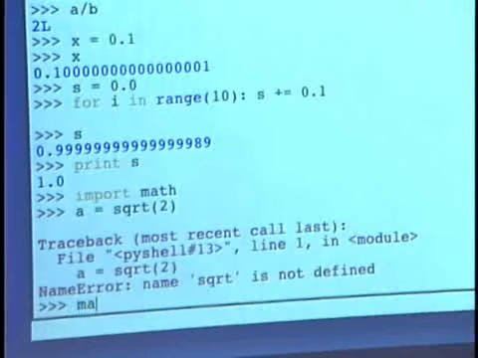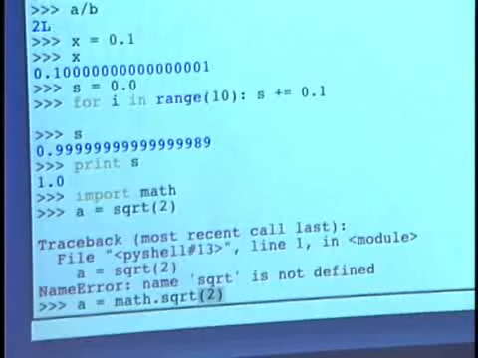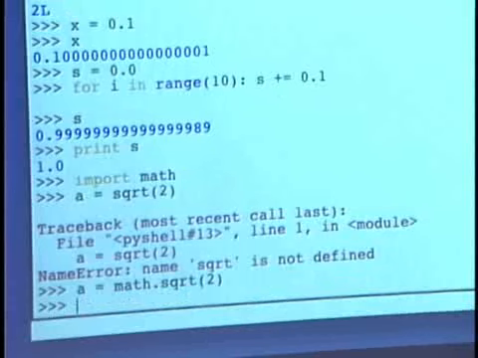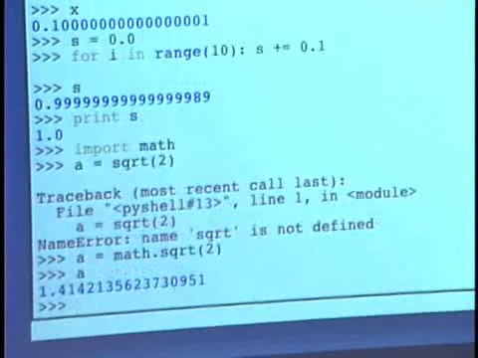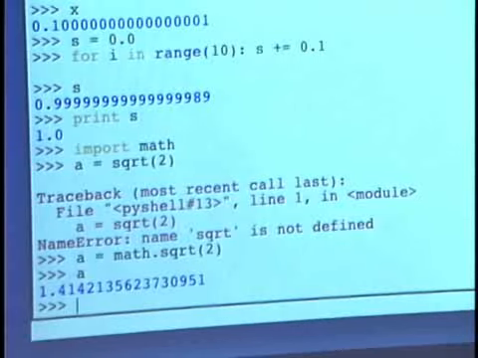Because what I should have said is math dot sqrt of 2, explaining to the interpreter that I want to get the function sqrt from the module math. So now I've got a here, and I can look at what a is. It's some approximation to the square root of 2.